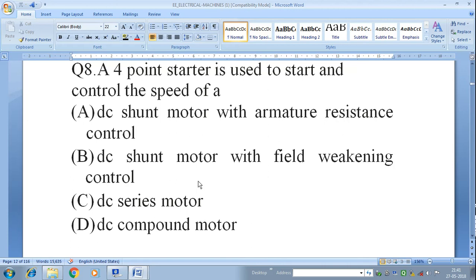Therefore, by 3-point starter, it is not possible to control the speed. Only we have to start the motor, that is mainly used for starting purposes.